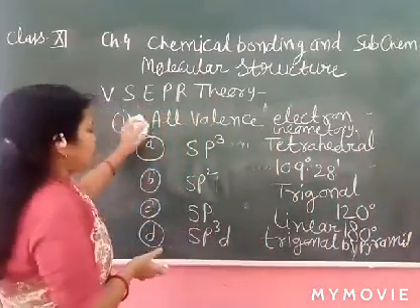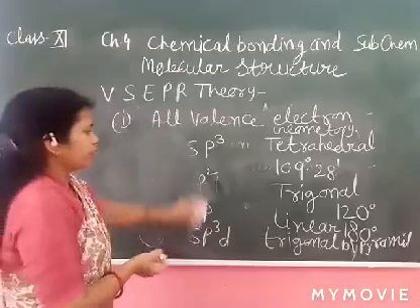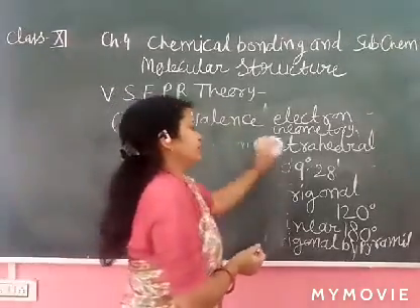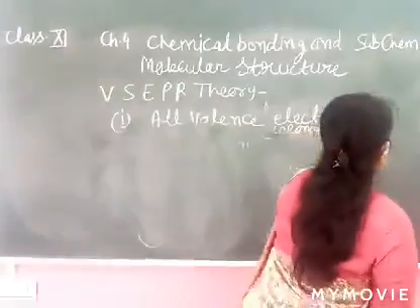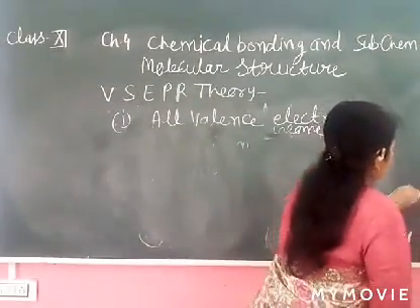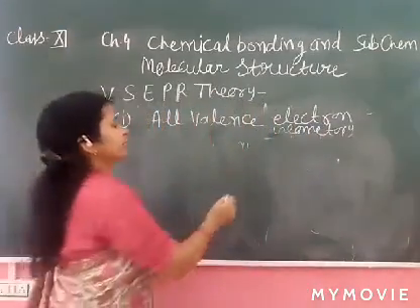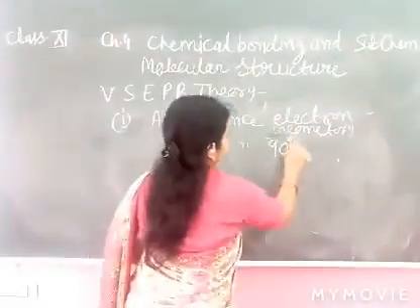There are two bond angles, 90 degrees and 120 degrees. Trigonal bipyramidal means 90 and 120 degree bond angles are present.